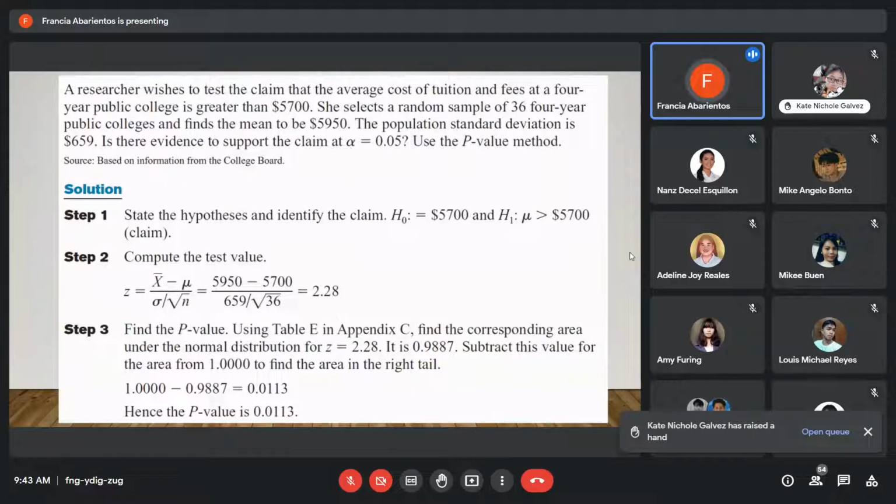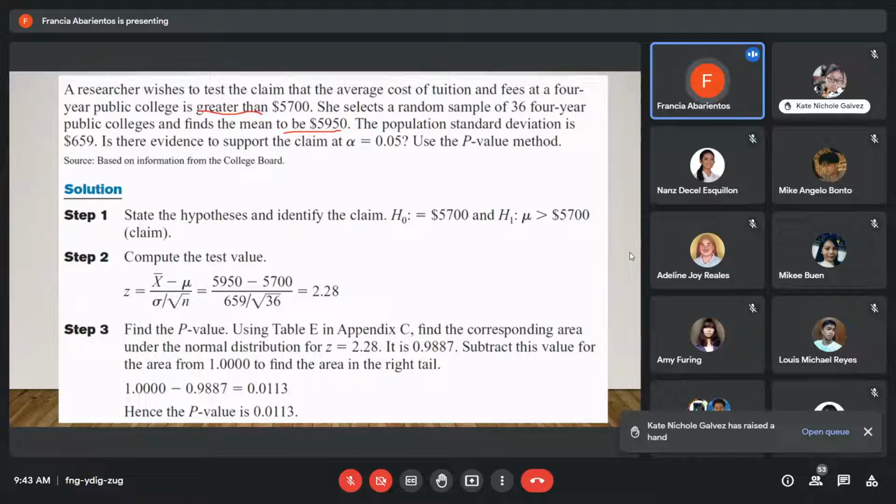So here's an example. A researcher wishes to test the claim that the average tuition fees at a 4-year public college is greater than 5,700. So may common phrase kang greater than. This is now a right-tail test. She selects a random sample of 36 4-year public colleges and finds the mean to be 5,950.